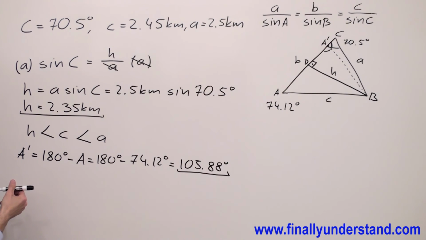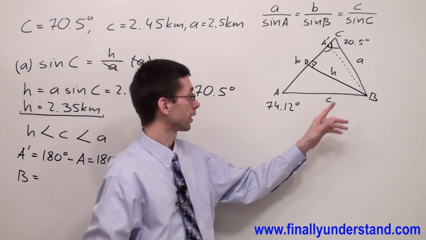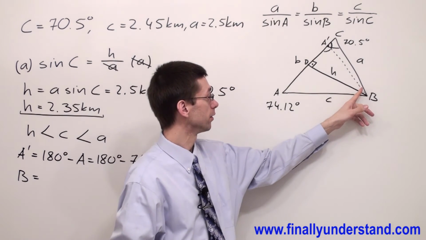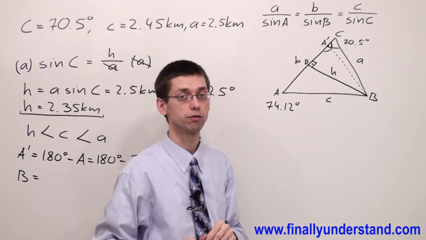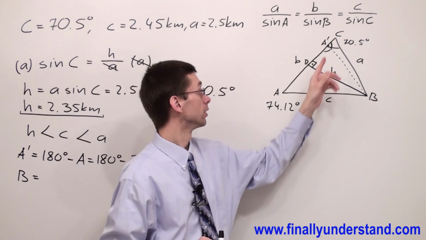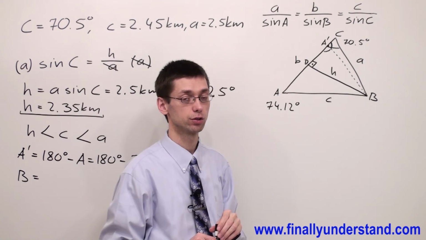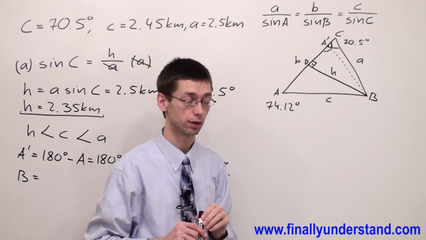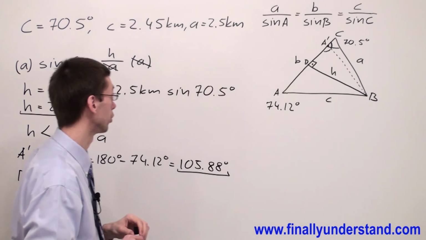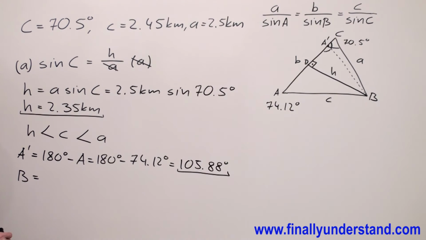Next, we're supposed to find the angle B. Okay? So angle B, again, we are going to find by subtracting angle A prime and angle C from 180 degrees, because the sum of all angles in the triangle is always equal to 180 degrees.